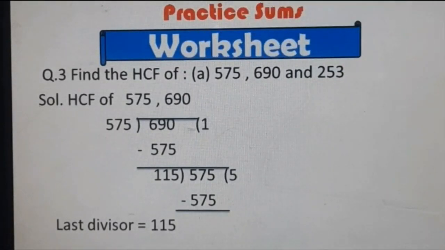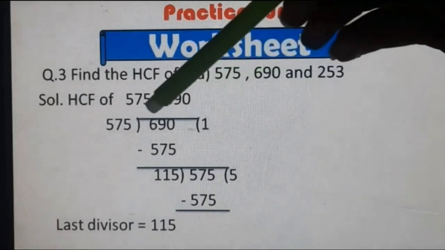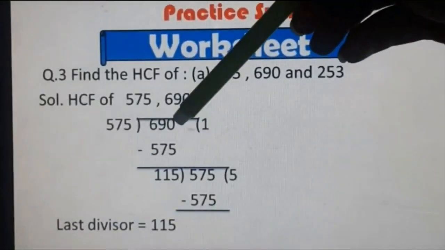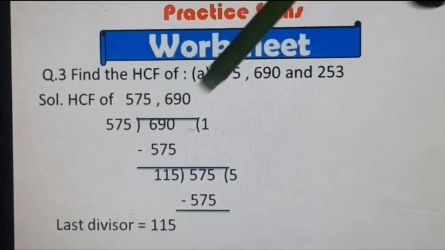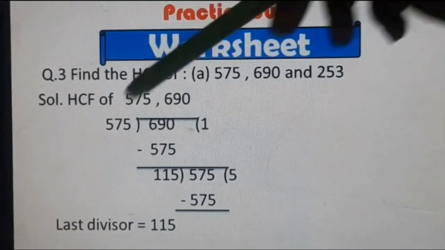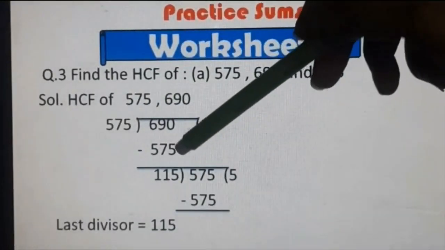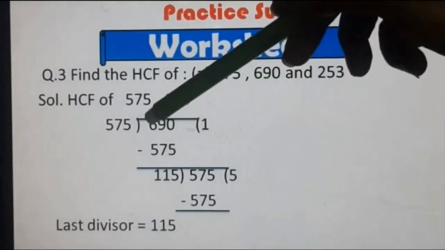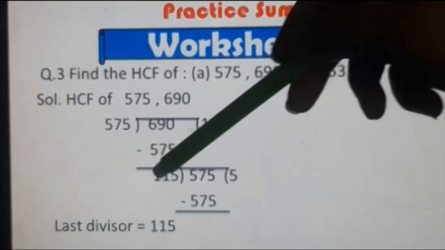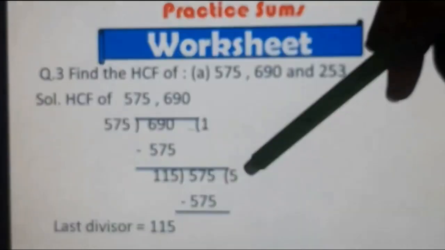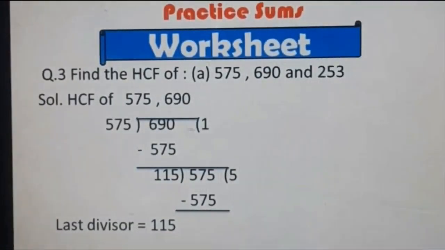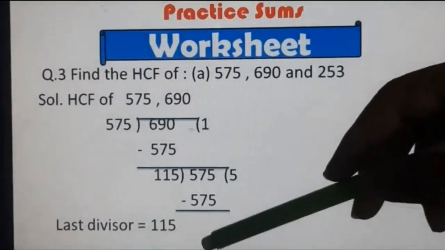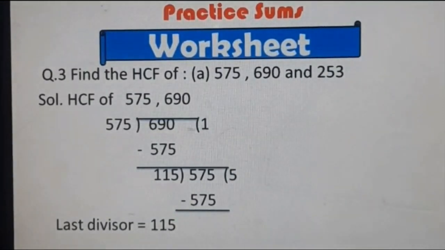You can take any 2 numbers. 690 will become the dividend. 575 will become the divisor. 575 ones are 575. 10 minus 5, 5. 8 minus 7, 1. 6 minus 5, 1. 115 5s are 575.